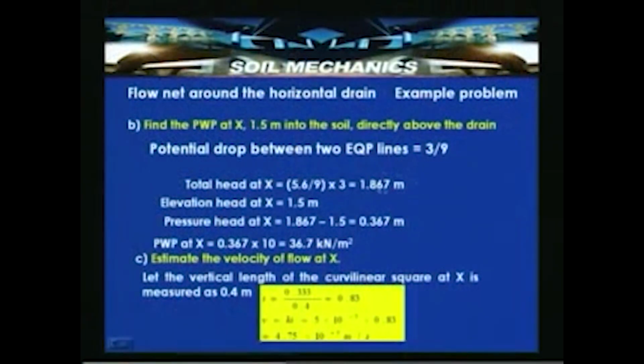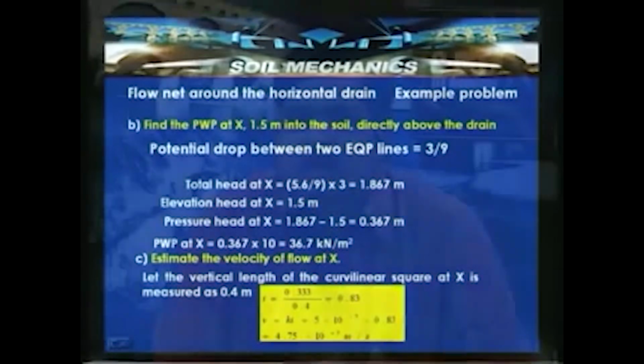The total head at that location x, which is 1.5 meter below the ground surface and above the center of the drain, is given by total head at 6 equal to 5.6 by 9 into 3. So, the total head at x is around 1.867. That means it started with 3, and by the time it came here that much head is already dissipated in the form of flow taking place through the soil.